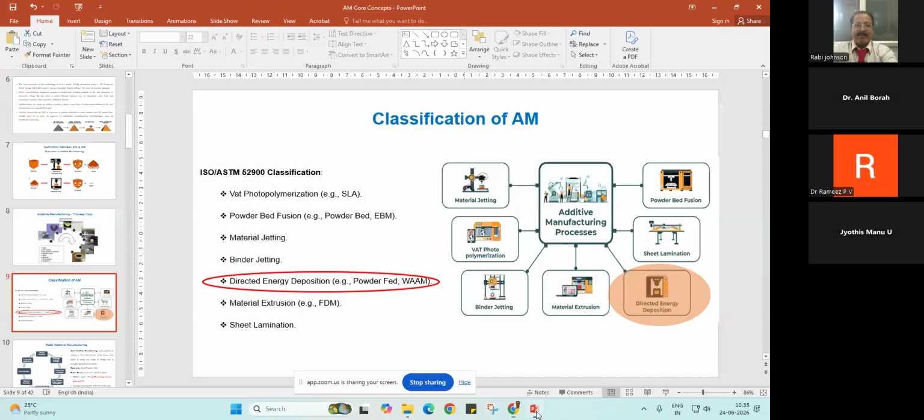Yes. I will start. Sorry, participants, because of some network issue in my place, it's getting disconnected. Sorry for it. So I am just sharing my screen and start from the classification.